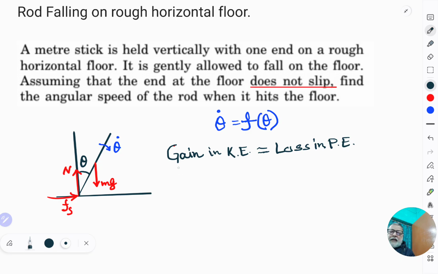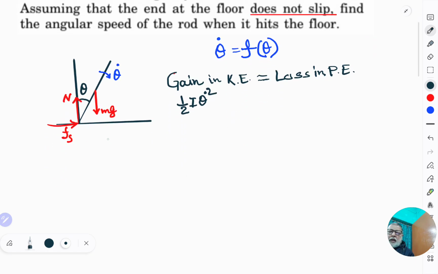Now, gain in kinetic energy of this rod is its rotational kinetic energy, which we write as half I theta dot square, where I is the moment of inertia of the rod about its axis of rotation, which is the horizontal line passing through point of contact normal to the plane of rotation, and I about its end, about this axis through the end for a rod is 1/3 ml square.